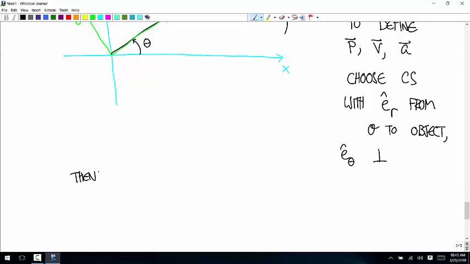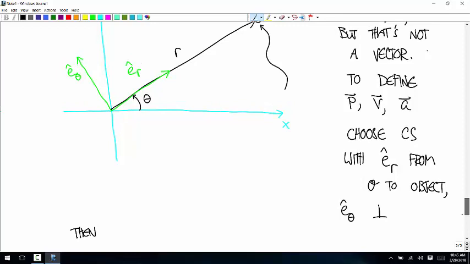Then see if you can think of what the position vector is in this coordinate system. Well, it's super simple. It's about as simple as you could imagine. Almost. Those aren't vectors. r, 0. Yep, exactly.